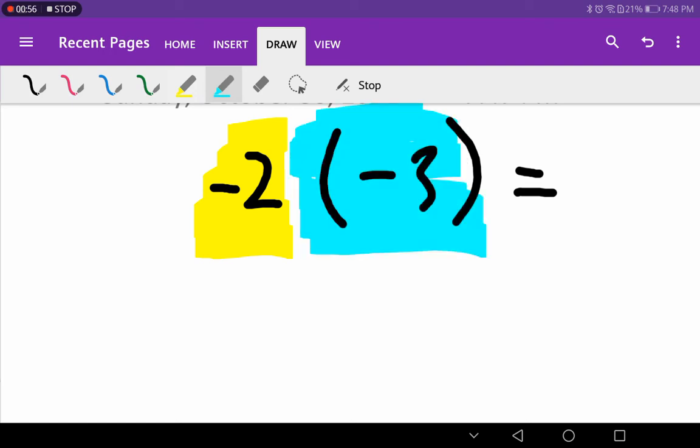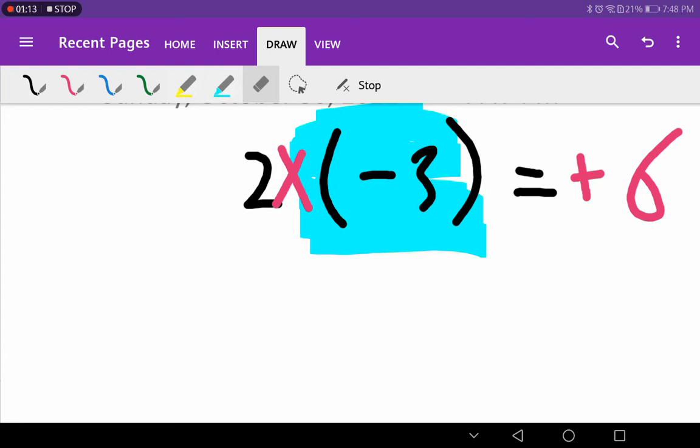Yes, there is no operation between them, but actually there is a hidden multiplication. So 2 multiplied by 3 equals 6, and because both factors have a negative sign, the answer must be positive. But teacher, if one of them has a positive sign, the answer must be negative.